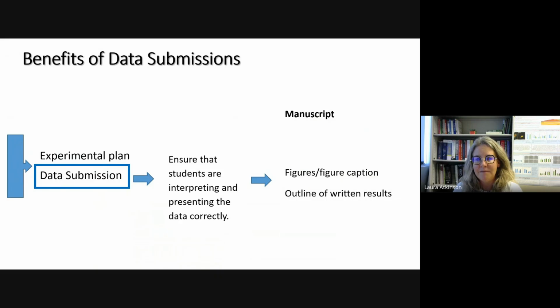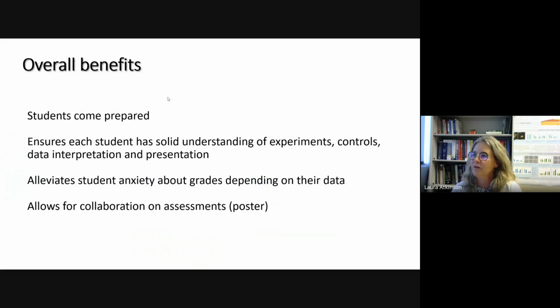But if they've already made all their figures and an outline of the results, all they have to do now is either correct it if they've made some errors, but just start building their manuscript over the semester. So like I said, the overall benefits, they come prepared, they have a solid understanding.